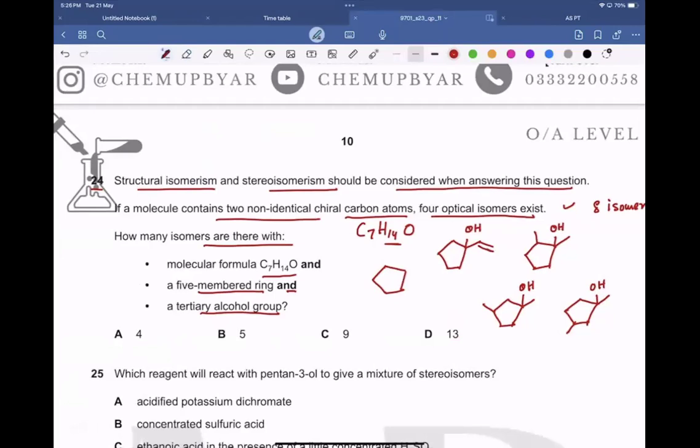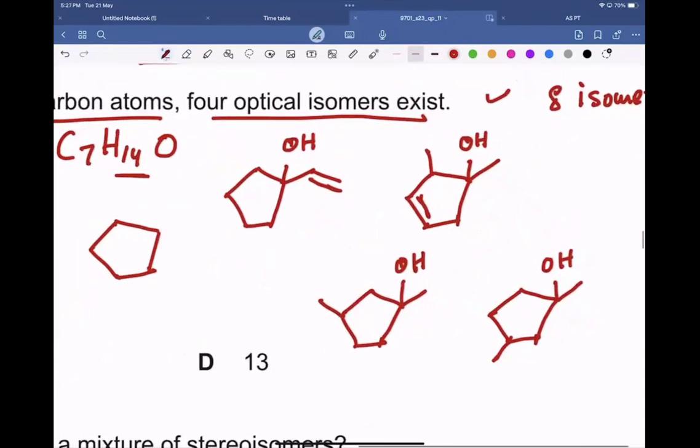In this case, the double bond is going to be present over here because on the rest of the positions it can't be.